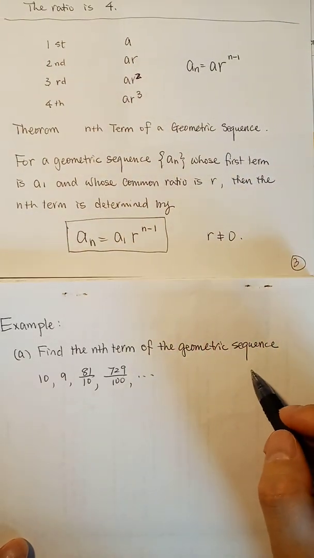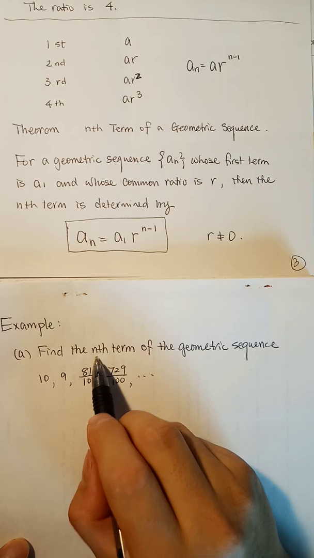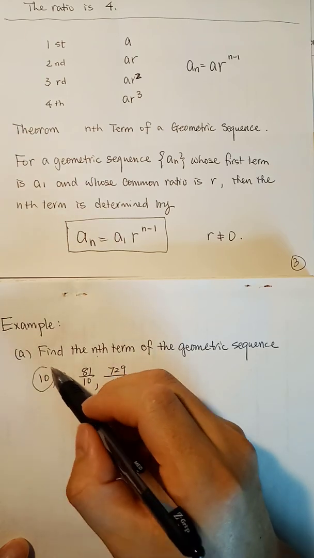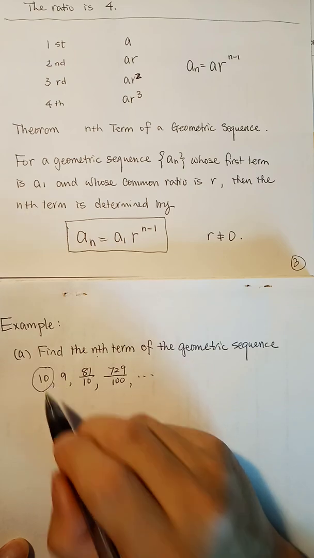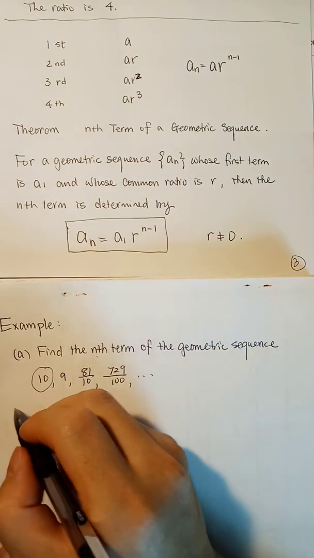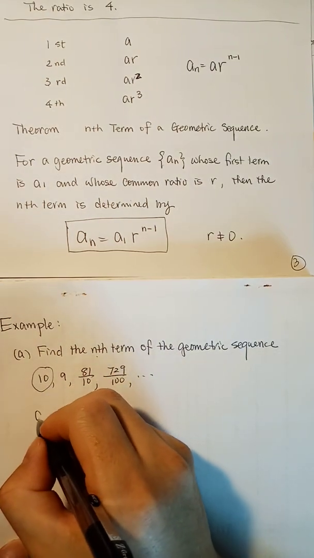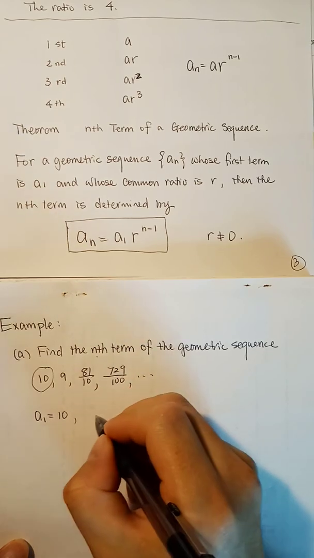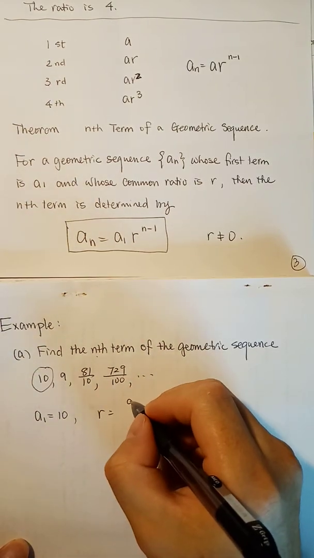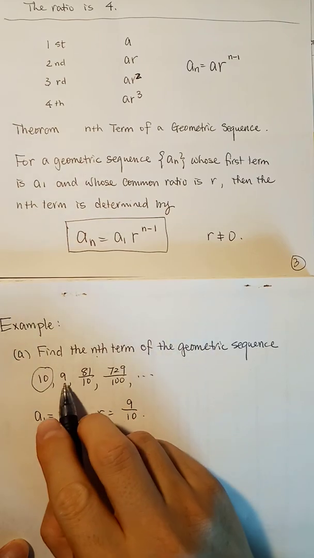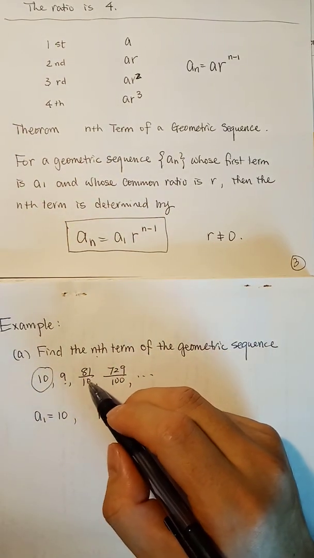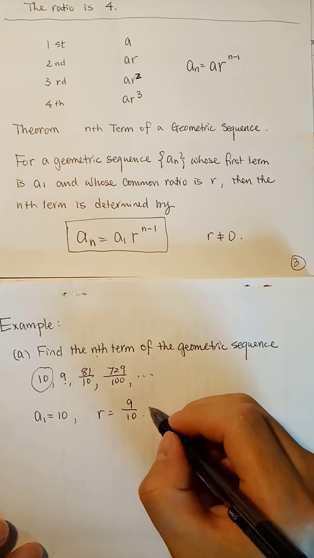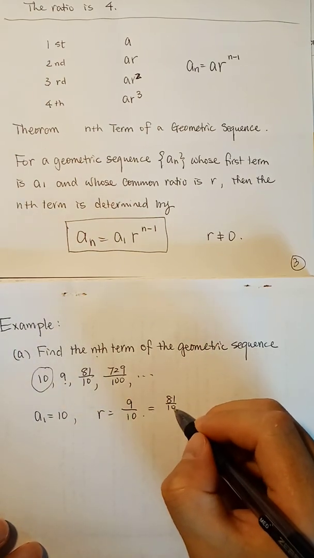In order to determine the nth term, we need the initial term, the first term, and the common ratio. What is the common ratio? Next term over current term. So the A1 is 10. R is 9 over 10. You can use whatever pair. You can use 81 over 10 over 9.